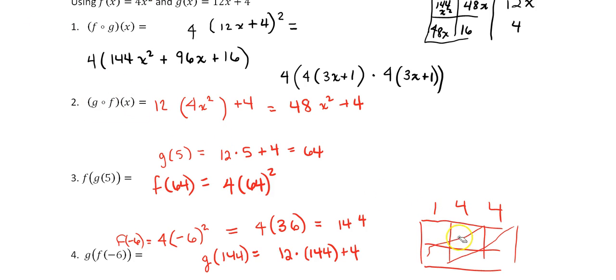So 4 times 2 is 8, and 4 times 1 is 4, and so on.